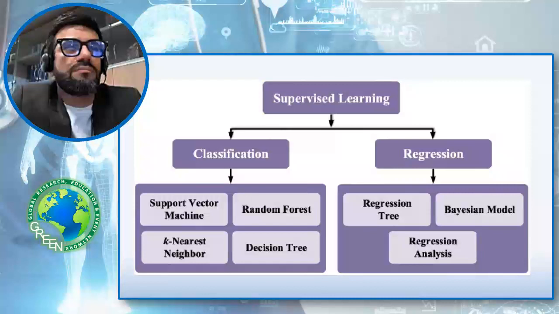And about regression, a very popular and very useful kind of algorithm. It is very similar to a decision tree, but used for predicting continuous outcomes. The Bayesian model is used to update the probability distribution of a model as more data becomes available.